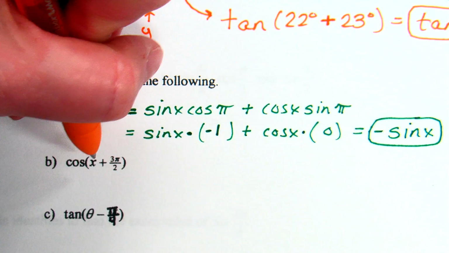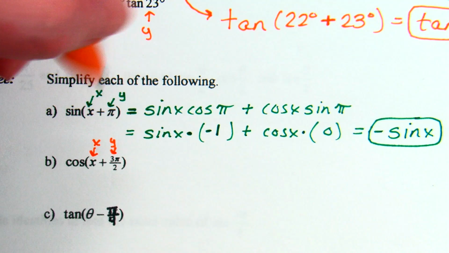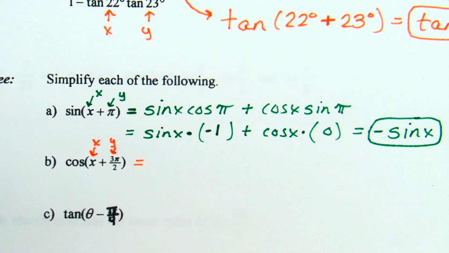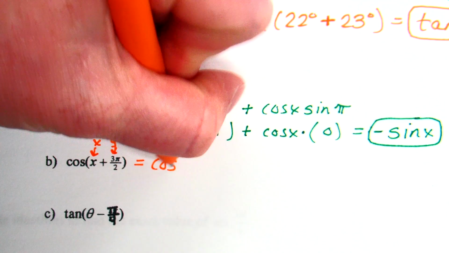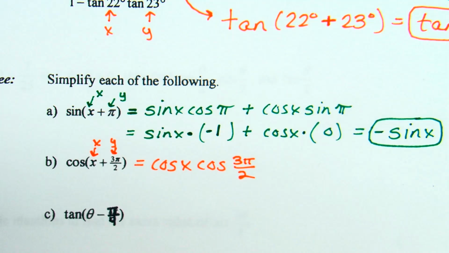Okay, let's try B. Cosine of x plus 3 pi over 2. You follow the same type problem. Cosine identity, first of all, make sure you know your x and y. So, with the cosine identity, it starts off cosine, cosine.